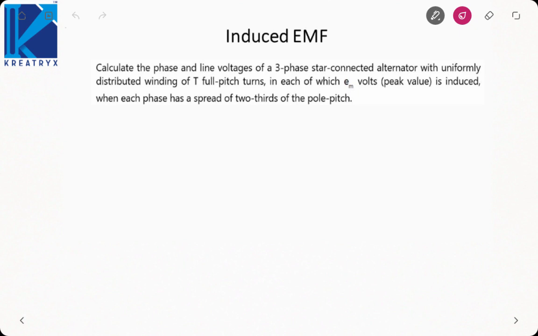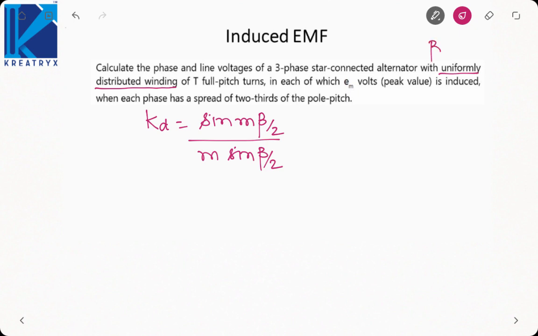Moving forward to the next problem, it is saying calculate the phase and the line voltage of a three-phase star-connected alternator with uniformly distributed winding. Now this term is pretty important to us. As I told you, Kd is sine m beta by 2 by m sine beta by 2. Winding is uniformly distributed if beta is very small.